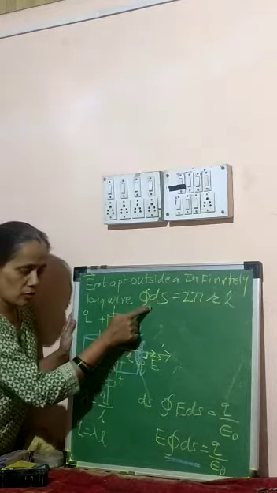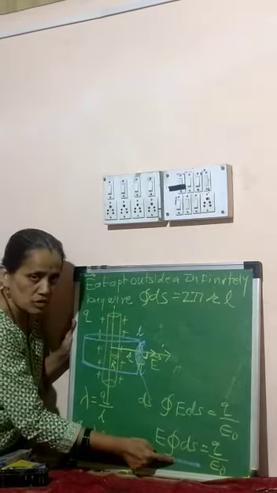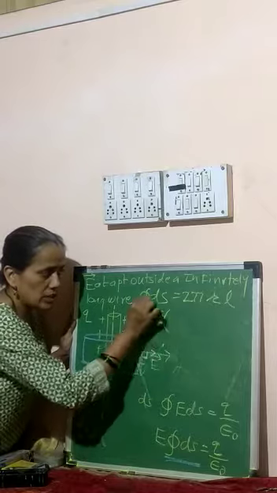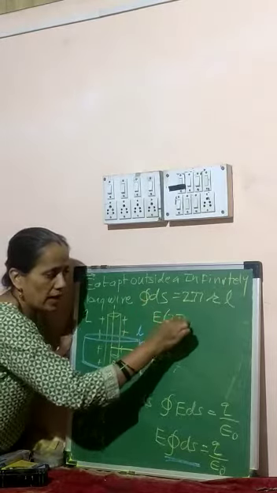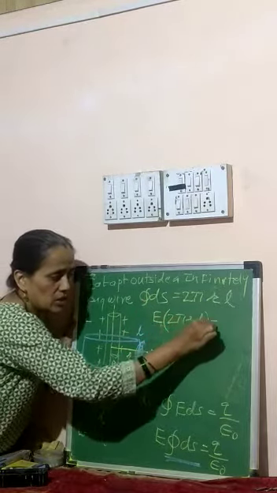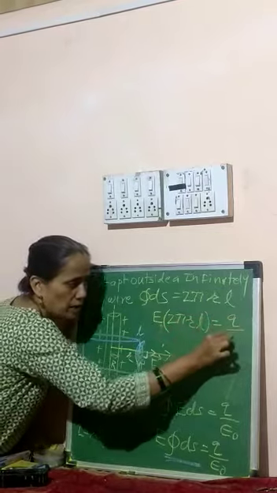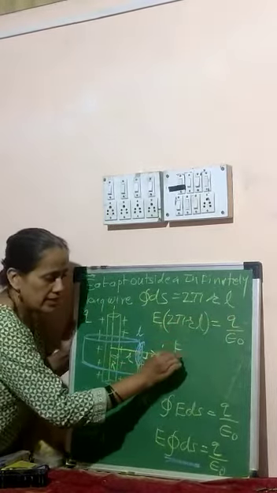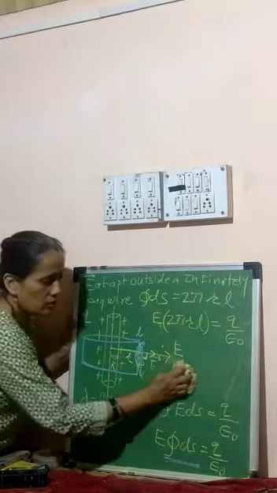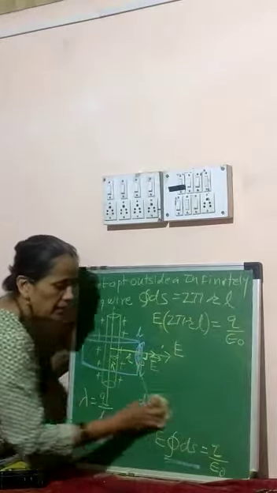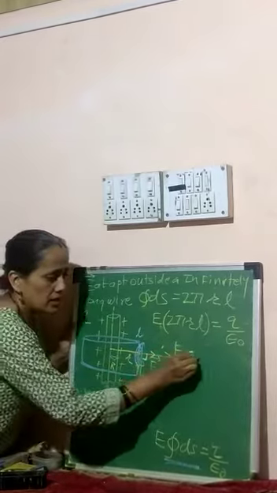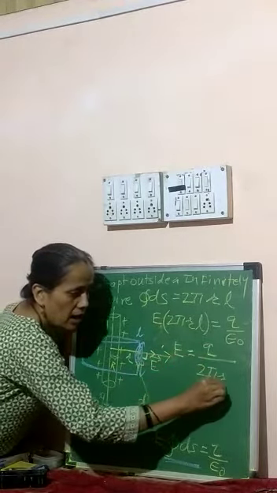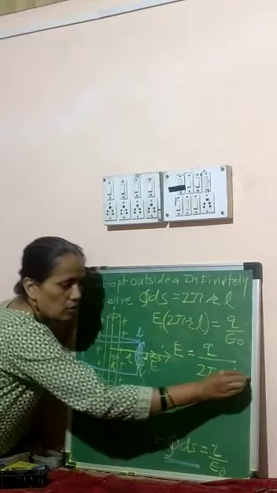And this value of closed integral of ds, if I substitute in the equation, I will write E into 2 pi r L, which is equal to nothing but q upon epsilon naught. And therefore your intensity formula can be written as E is equal to nothing but q upon 2 pi r L epsilon naught.